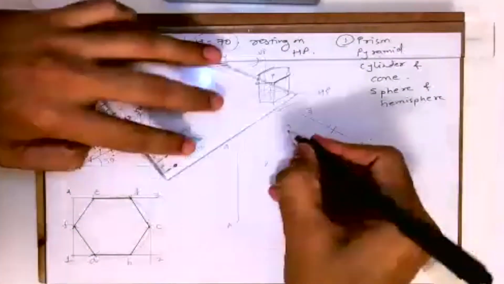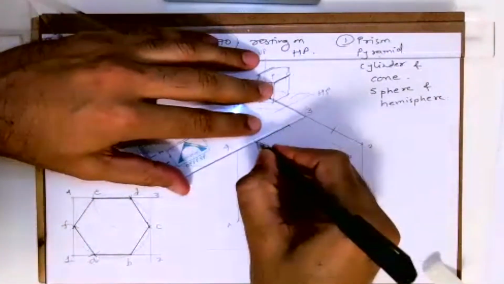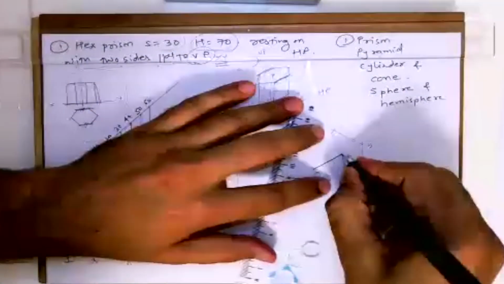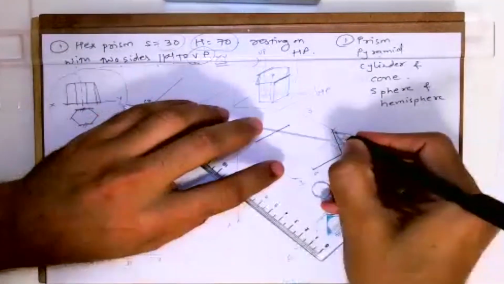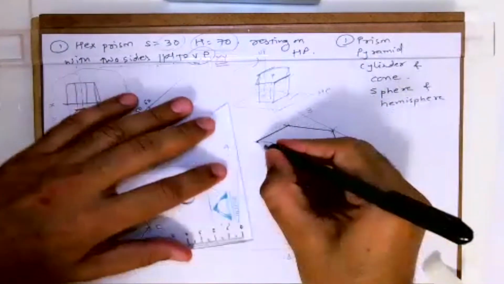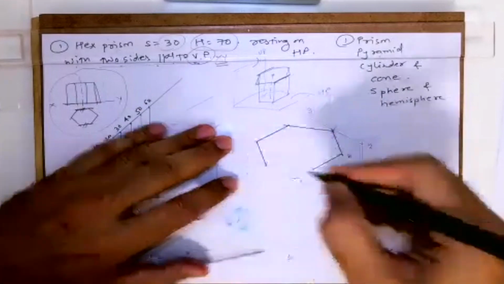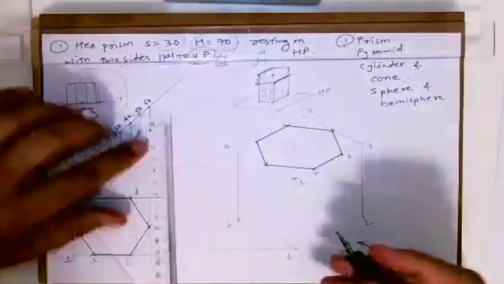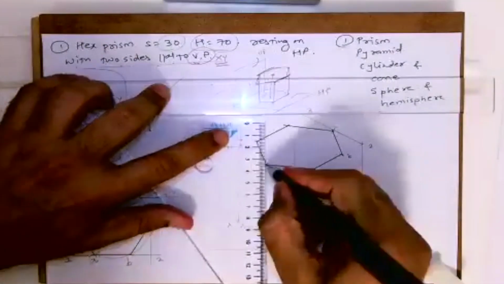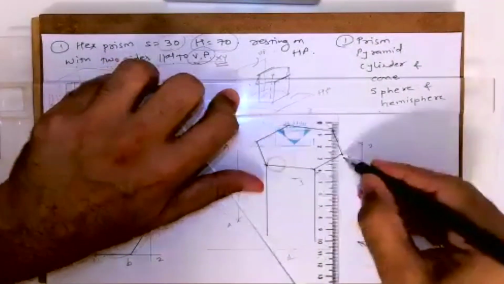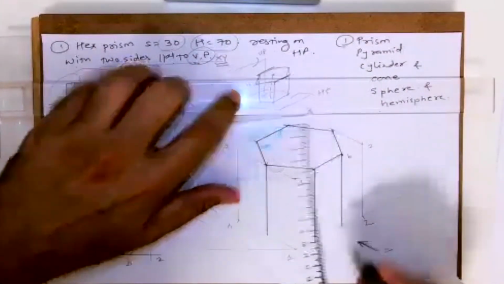Now what should I do? I will join this. This you will get. This is the hexagon. Now what you need to do, you need to take all these points down by 60. So we know that this box is here, so this thing will be till here.